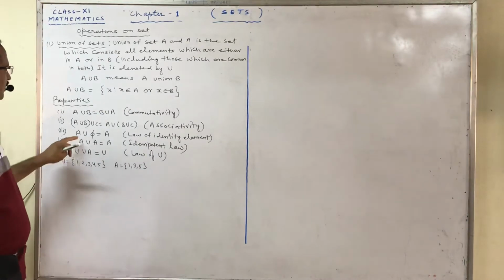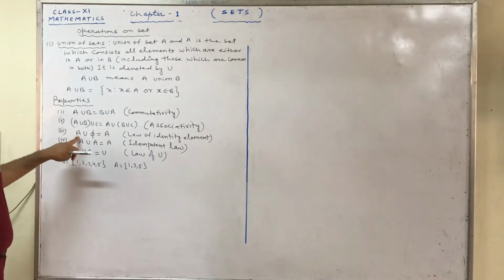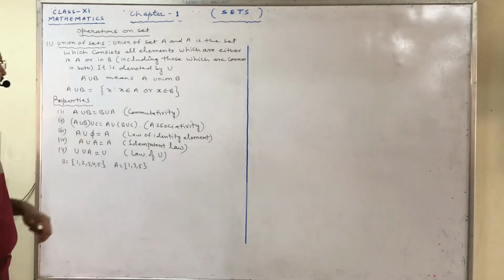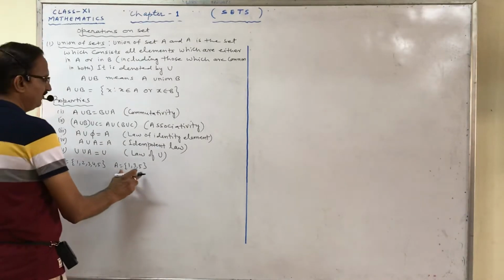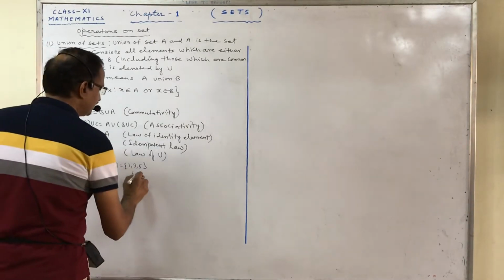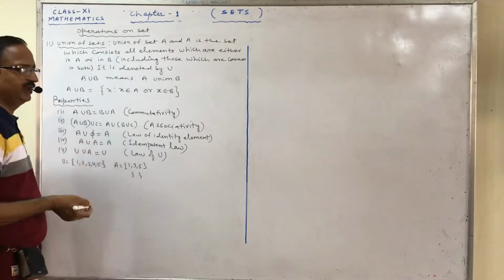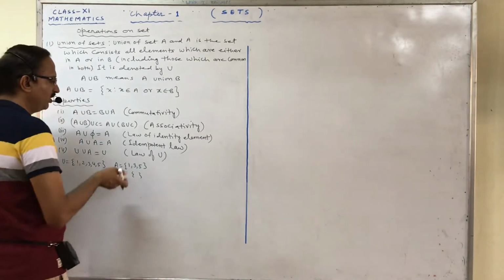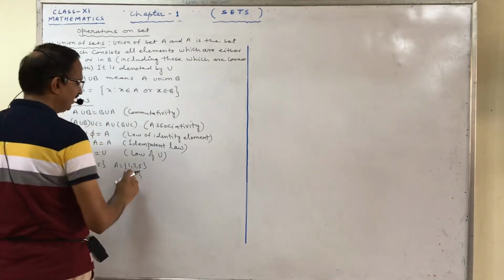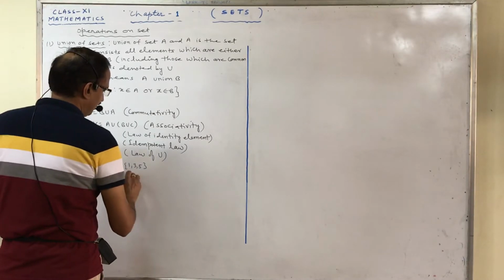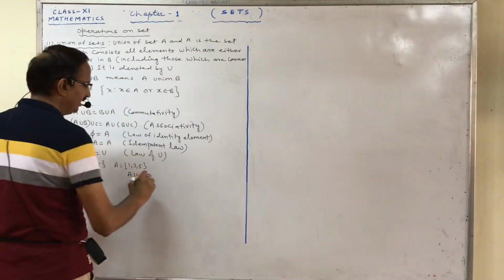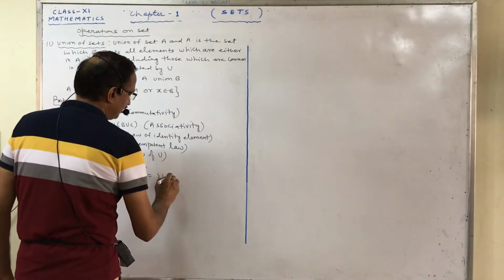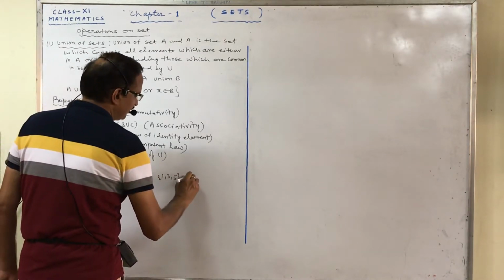Now suppose we want to verify the property A union phi. Phi means null set. Null set means there is no element. Union means all the elements of A and B. So obviously A union phi, or null set, is nothing but again {1, 3, 5}. It means the answer is A.